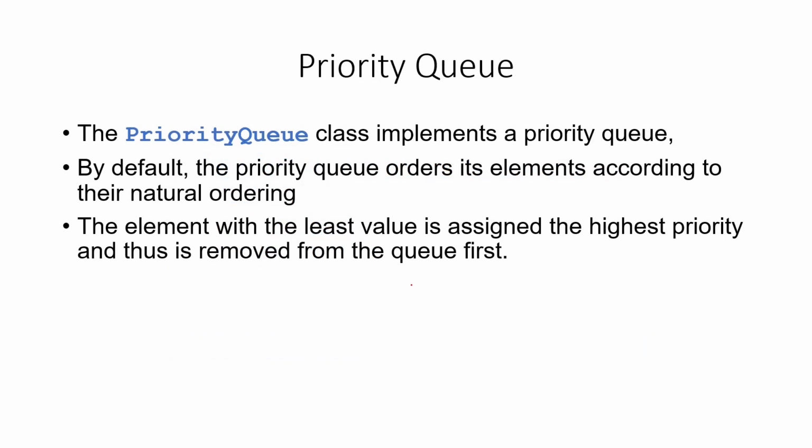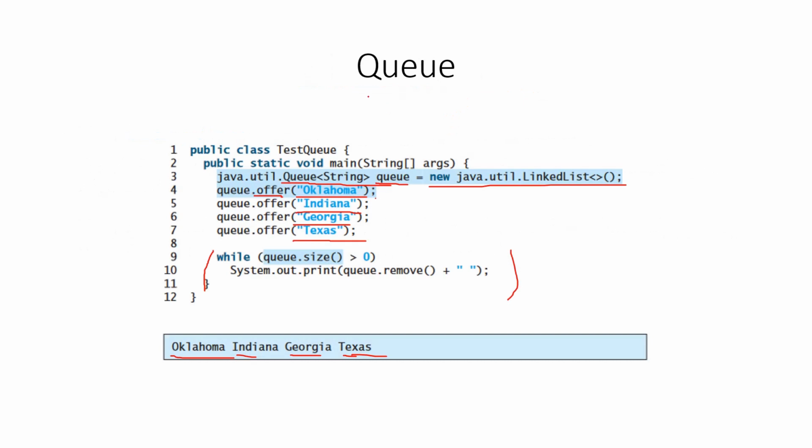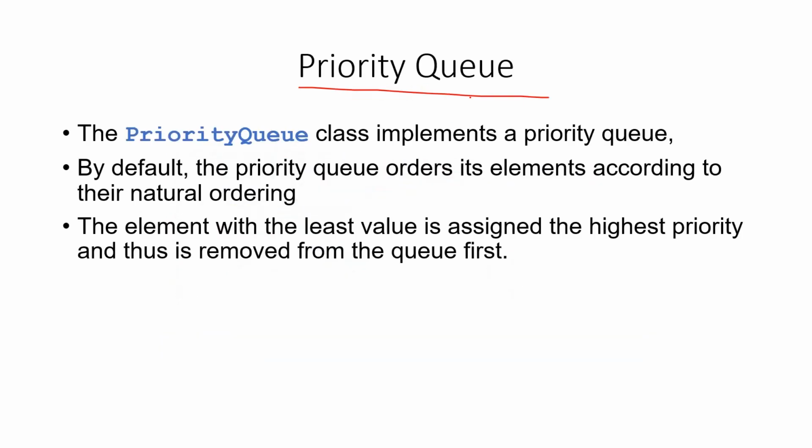Now next is priority queue. If a queue stores elements in first in, first out order, a priority queue stores elements based on some natural ordering. First, it stores elements with the least value.